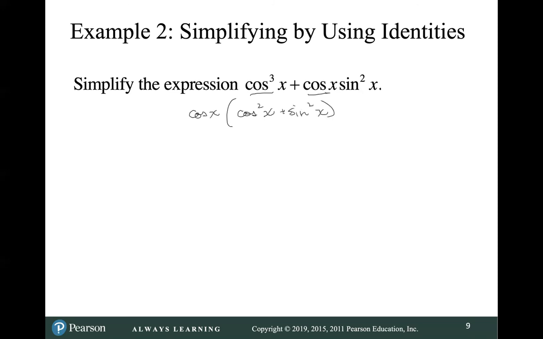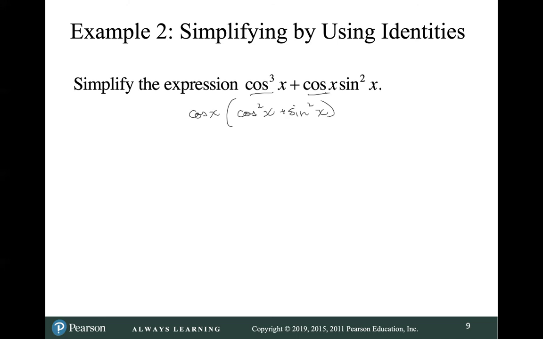I don't have an equal to something. This is just an expression. Okay, but now I have cosine squared plus sine squared. This is one of our favorite identities. I would call it our favorite identity, this Pythagorean identity, cosine squared plus sine squared equals 1, because it takes something that's rather complex and simplifies it very nicely.